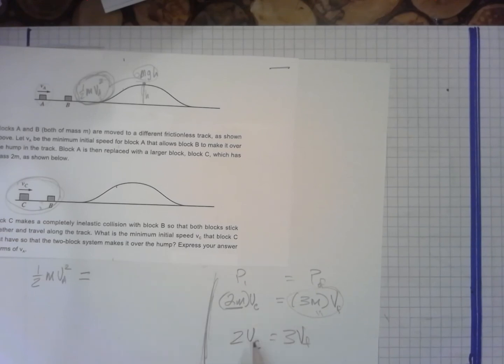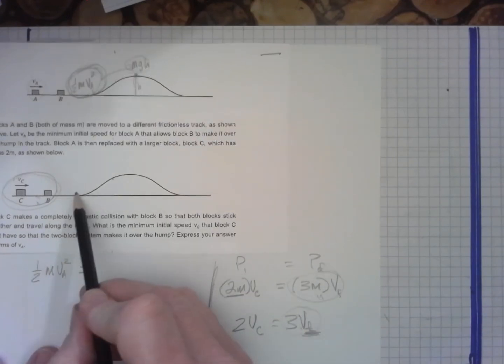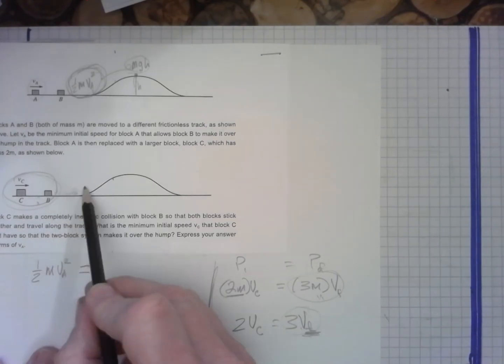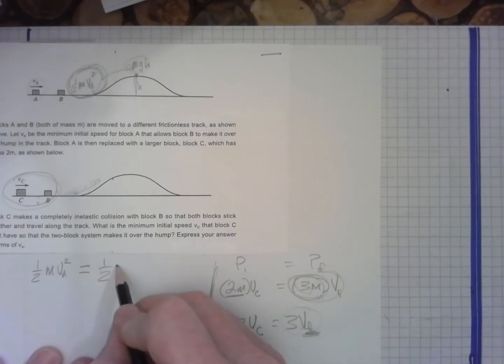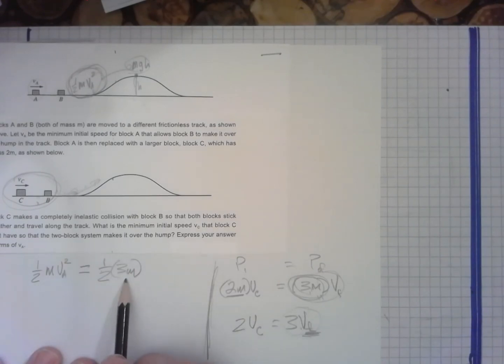And they want to know VC, so I'm going to use this V final because that's the actual velocity it's going to have once they collide and are headed up the hill. We're going to see the energy here is 1/2 times the total mass, 3m. I don't want to lose it. The m's are going to cancel again, but it is important. They've combined.